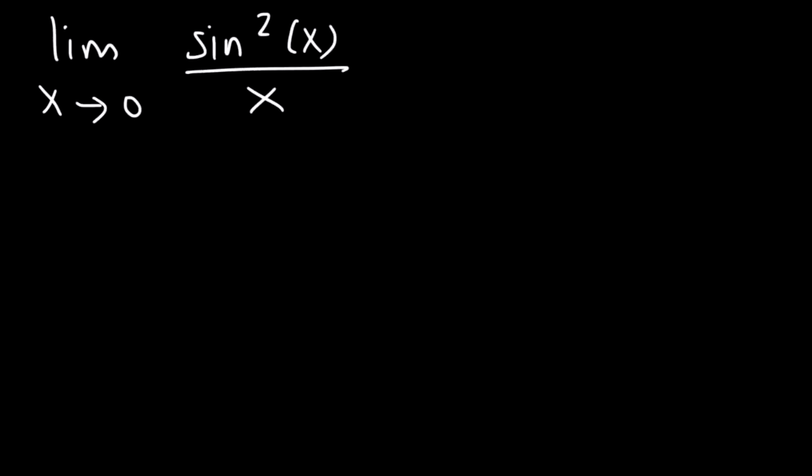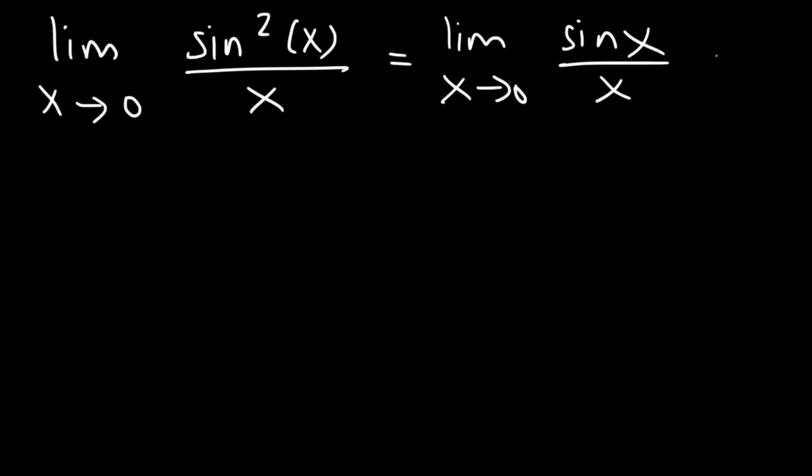Now let's try a different example. What is the limit as x approaches 0 of sine squared x divided by x? Take a minute and try that problem. So sine squared is basically sine x times sine x. So we have sine x over x times x.